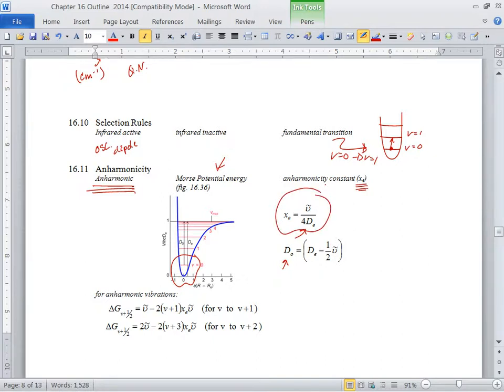What's the difference between DE and DO? For example, let's ask you this one. The bond dissociation energy is DO or DE. The only hint you have is this plot, figure 16.36.